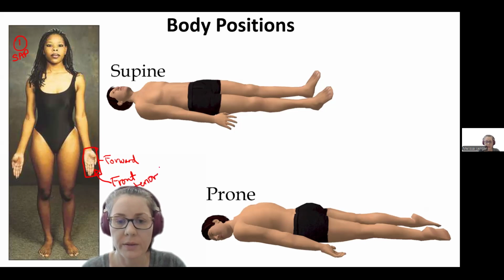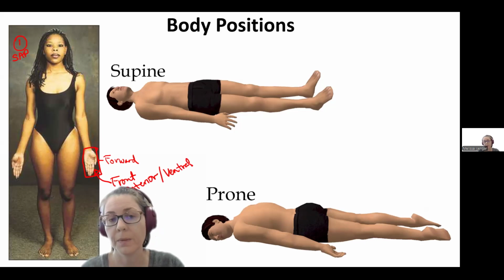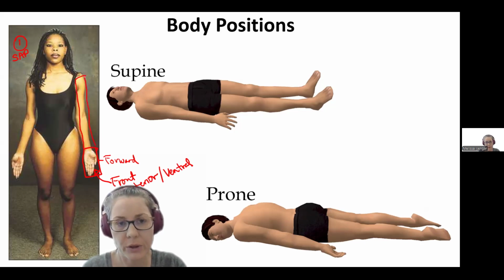You can also call it the ventral side of the body. So that's a very important concept because that means this whole side of the arm is on the anterior or ventral side. And that becomes very important, especially when we get to some of the muscles in the forearm, because the ones on the anterior side do specific things, the ones on the posterior side do other things in terms of actions.